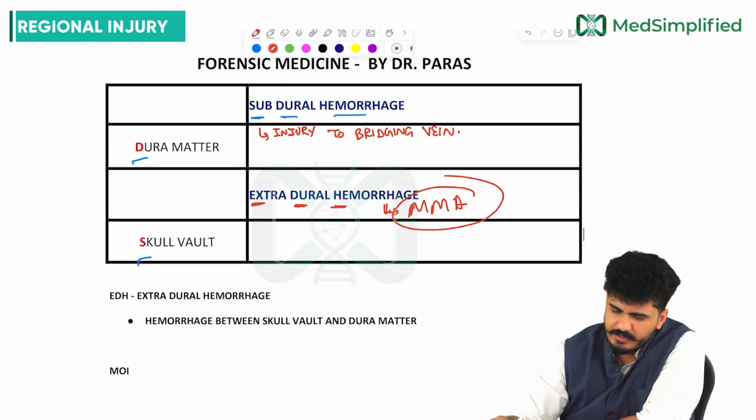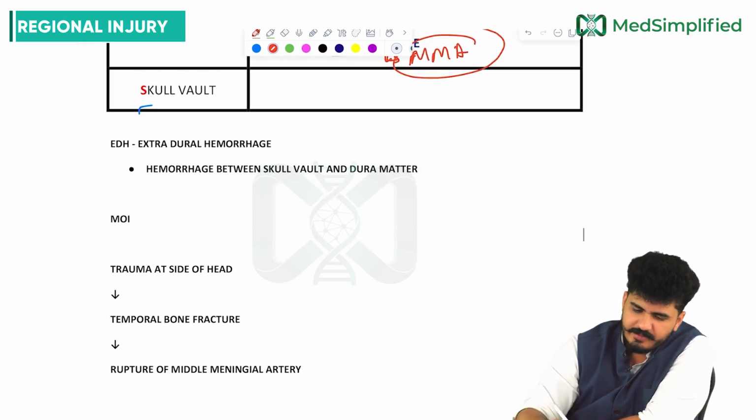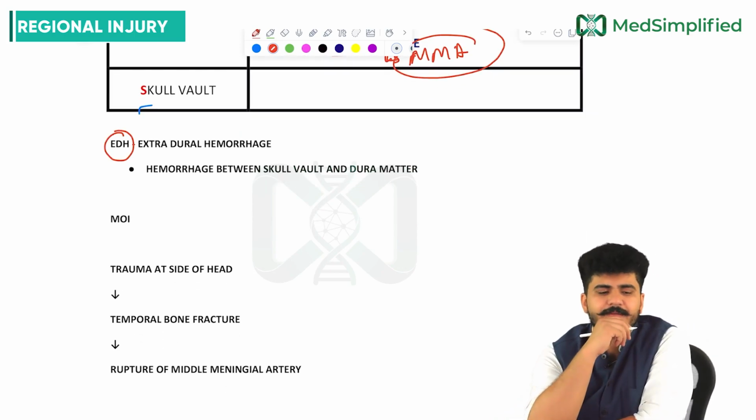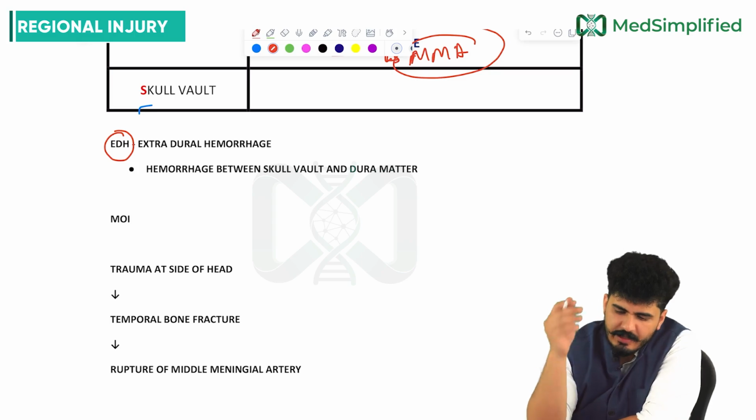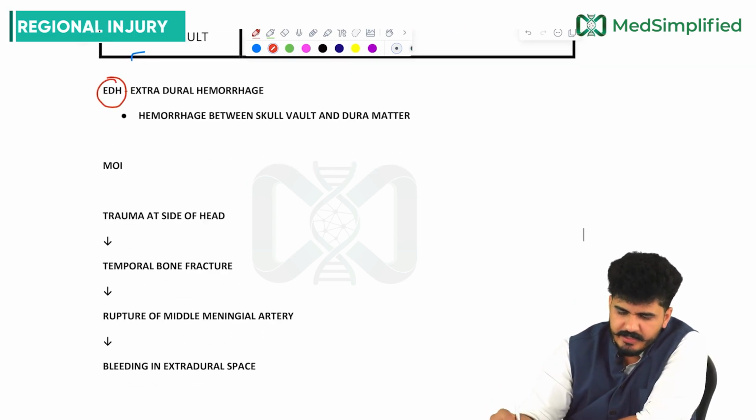Now let's talk about EDH, SDH, SAH, my dear friends, individually one by one. If we see the extradural hemorrhage, it is the hemorrhage between the skull vault and the dura matter.